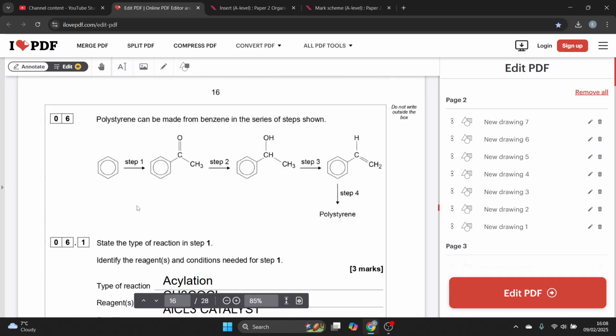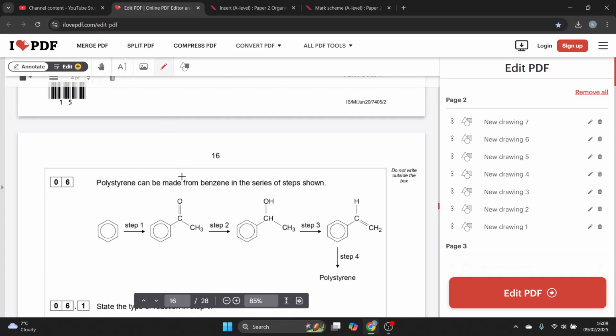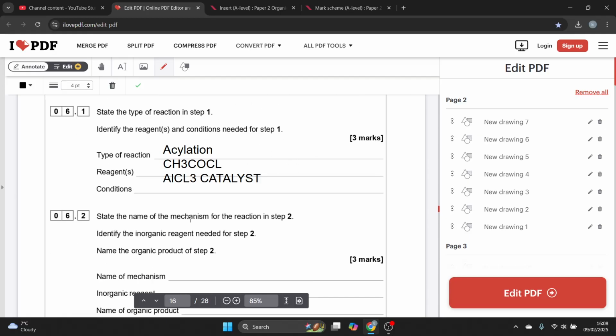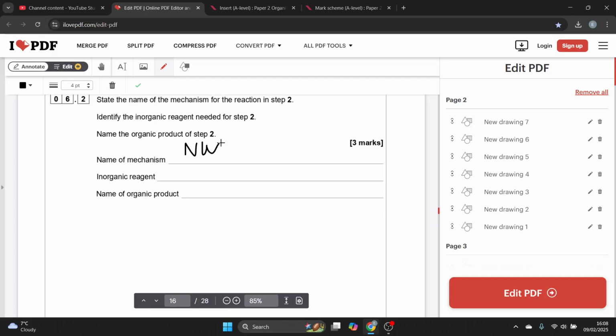Then the mechanism for the reaction in step 2. In step 2, I'm going from this to this. So what I've done is I've added a hydrogen here, and I've added a hydrogen here. It's going to be nucleophilic addition.